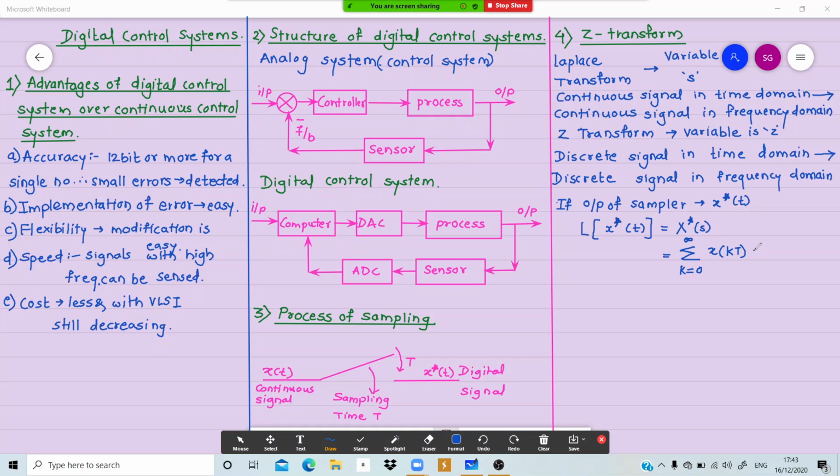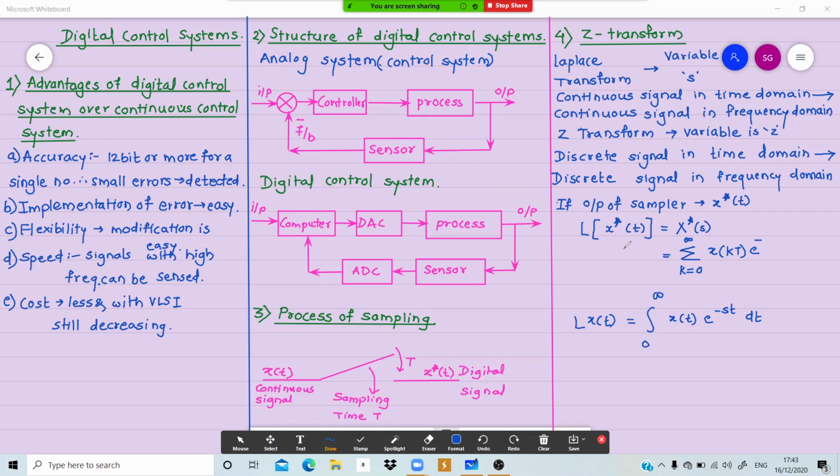And what you do? E raised to minus ts or st we used to write in Laplace domain. Correct? If I'll write Laplace of x of t, you know that it is integration 0 to infinity x of t e raised to minus st dt. This is definition of Laplace.